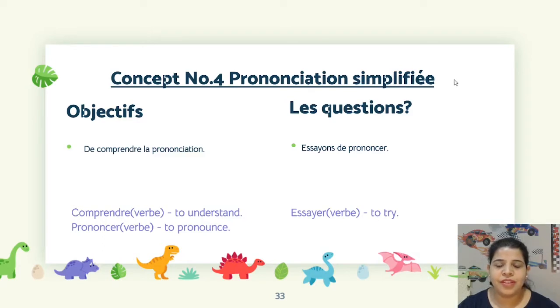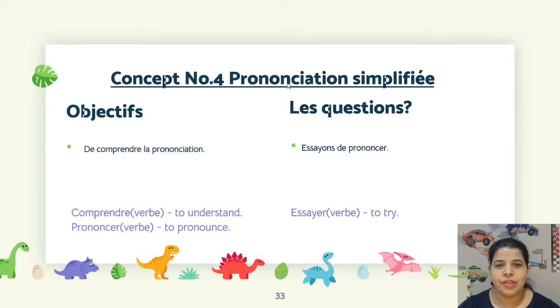Prononciation simplifiée. Let's begin with the pronunciation, guys. ON in French is read as on, and OM is also on. Simplifié. Prononciation. Whenever the letter C, which is called C in French, is followed by the letter E, I or Y, it is pronounced as S, like the C in the word circle.